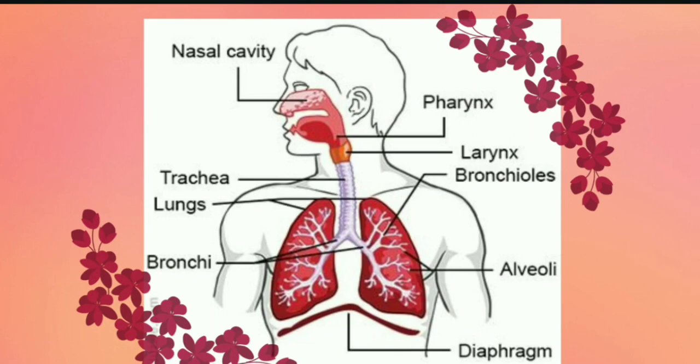The air from the trachea now enters into the bronchi. The main stem of the bronchi gets further divided into smaller bronchi, and the smaller bronchi divide into even smaller tubes called bronchioles.